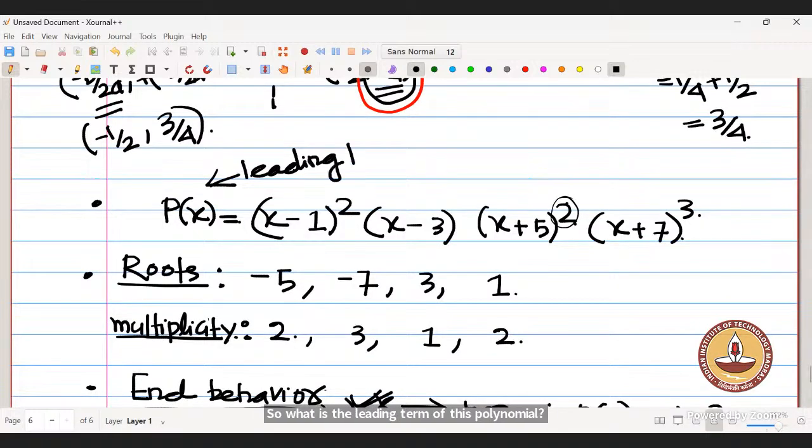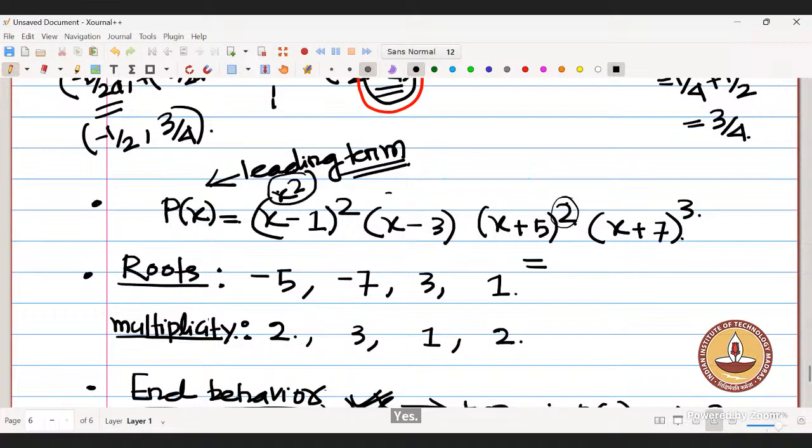When you expand, you don't have to multiply everything out. Here the leading term will be x square, if you expand this you'll get x square plus something. So the leading term is x square.